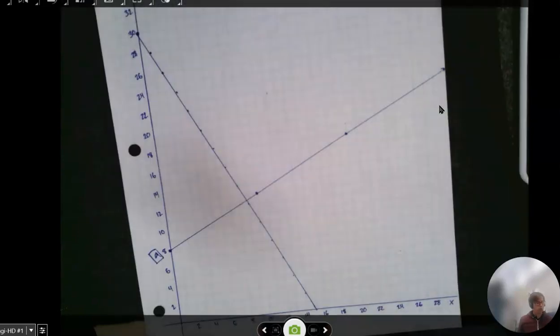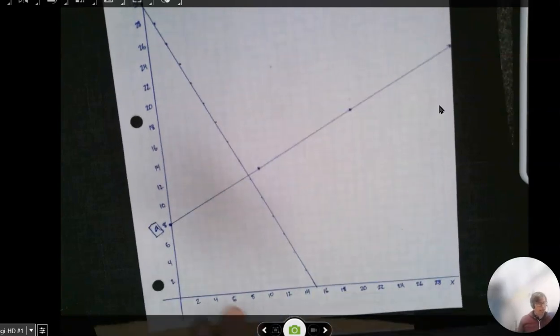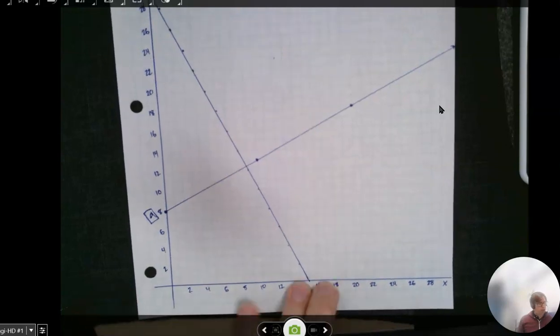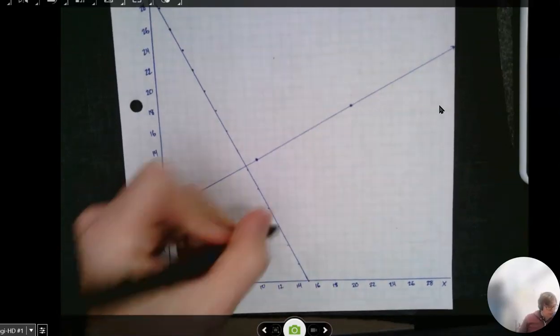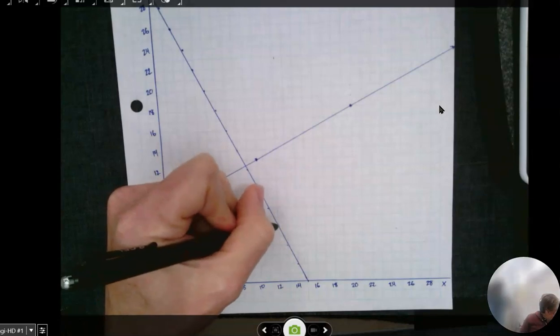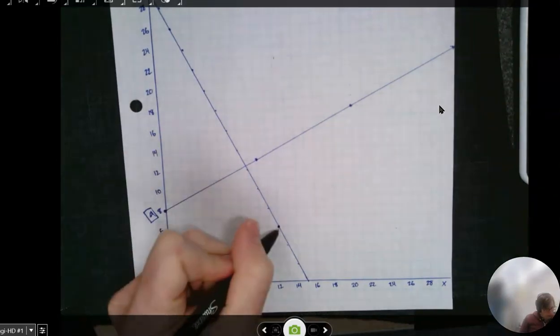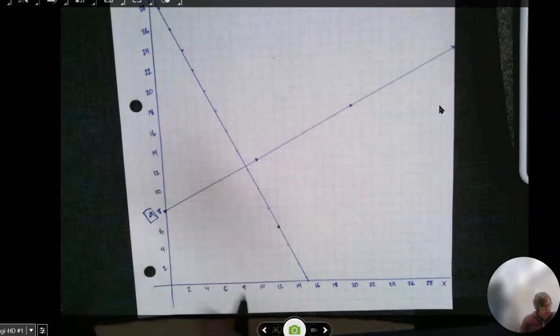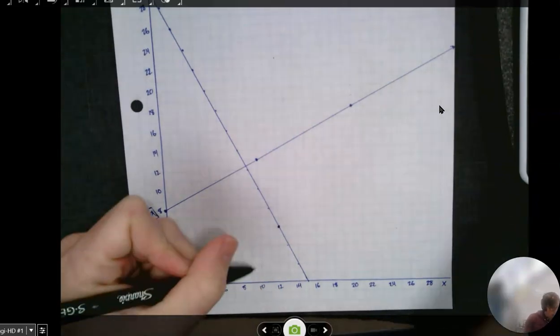Let me start with the triangle. Why don't I start by making a triangle right here? I've got my base. I'm just going to use the very bottom of this as the base, and I'm going to make the top of the triangle right here. So I'm planning out a triangle along this line, and I just need one more line.